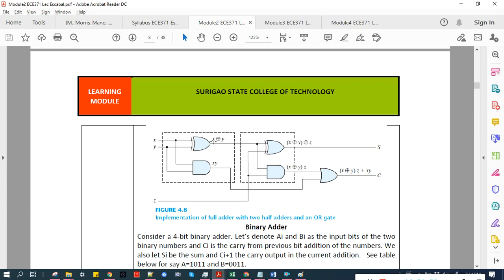In the first part, we have only X exclusive OR with Y, then the carry is XY, then it is connected to another half adder: exclusive OR with the Z, and then this is ANDed with the Z.